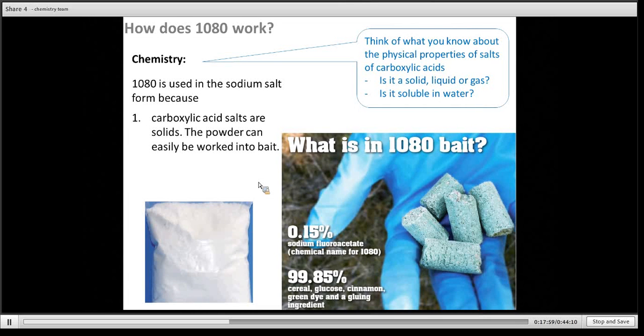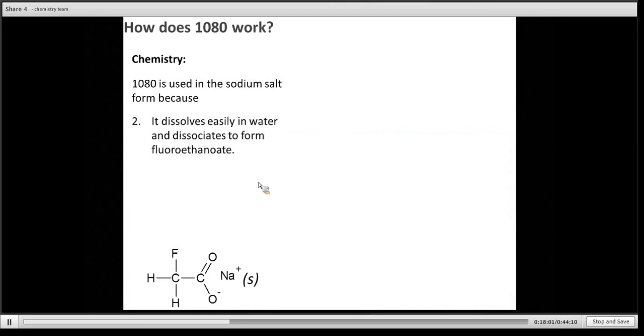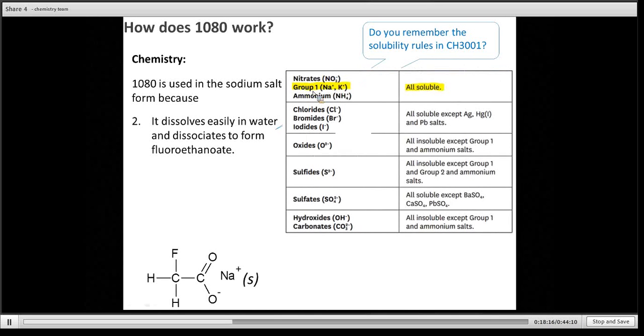The other thing you've got to look at is its solubility. So you should know from your solubility rules that you looked at in 3001, you should know that it's soluble, because remember, group 1 salts are all soluble. Okay, you'll notice with these exceptions of all these others, it says all insoluble except for group 1.